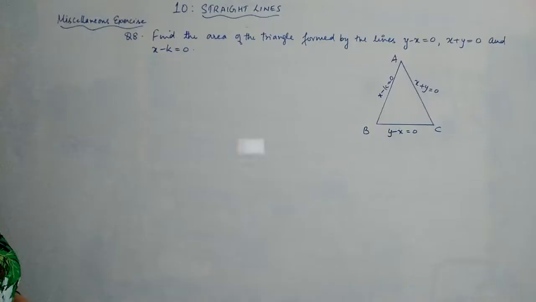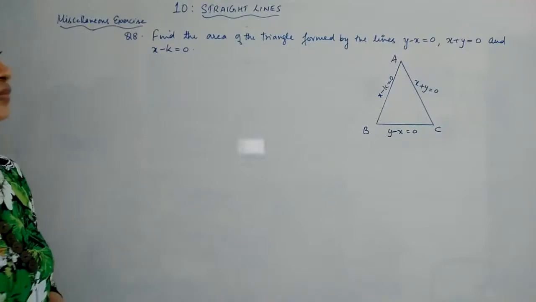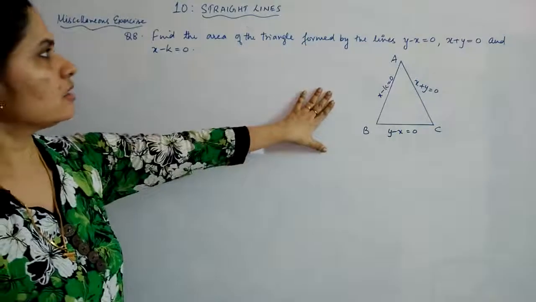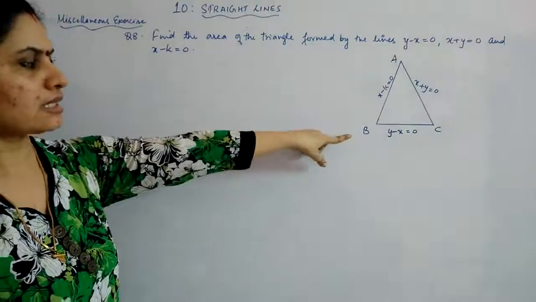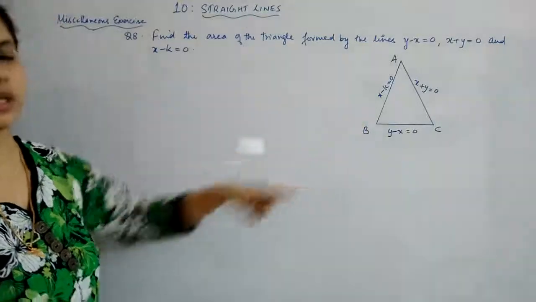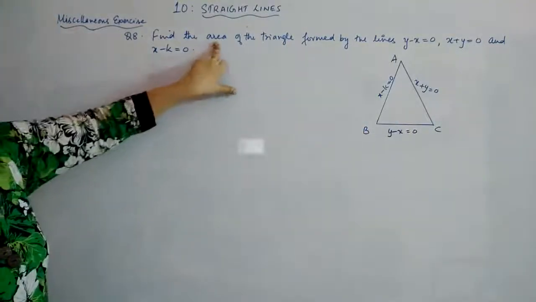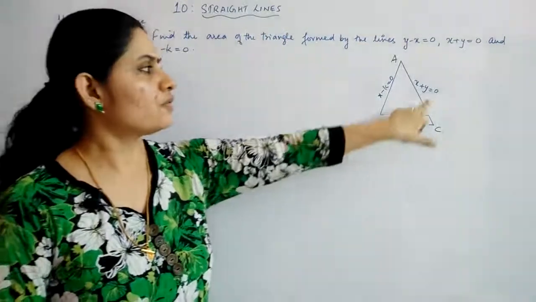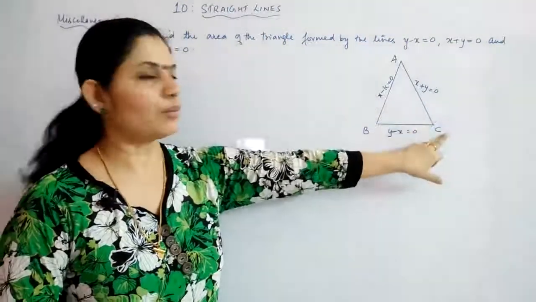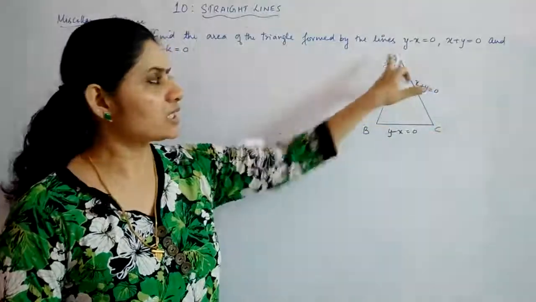Okay. Question number 8 is, find the area of the triangle formed by the lines y minus x equal to 0, x plus y equal to 0 and x minus k equal to 0. So this is the triangle whose three sides are given by the equations of the lines. Now in order to find the area, we will solve two at a time and get the points of intersection as the vertices of the triangle.